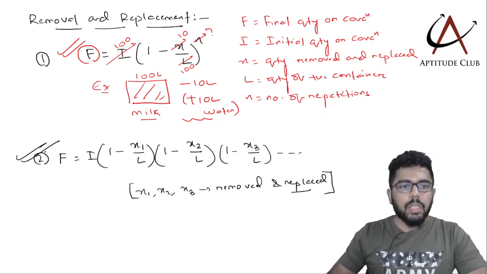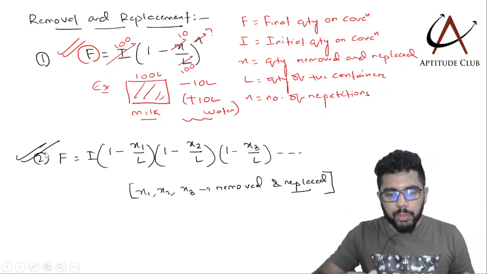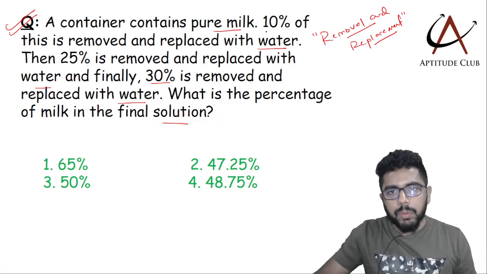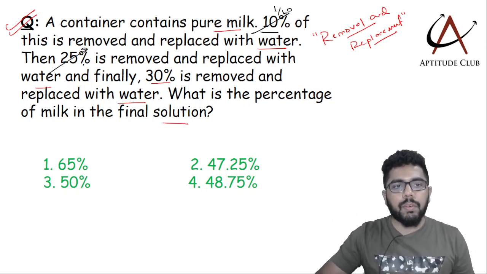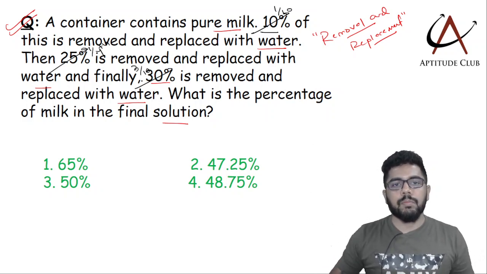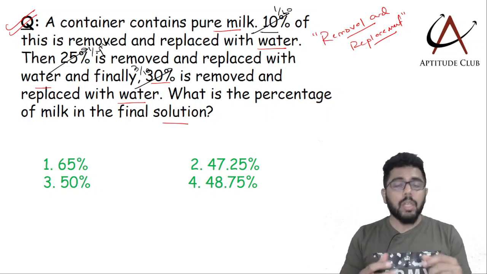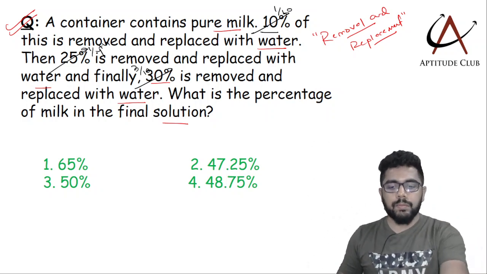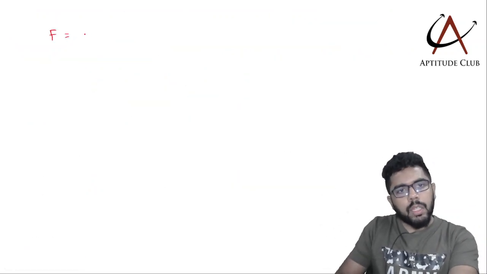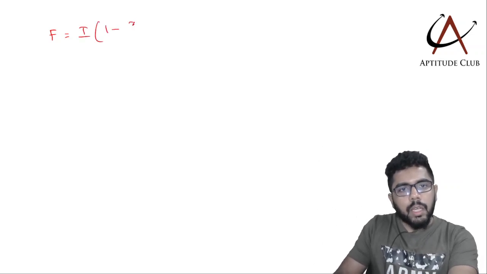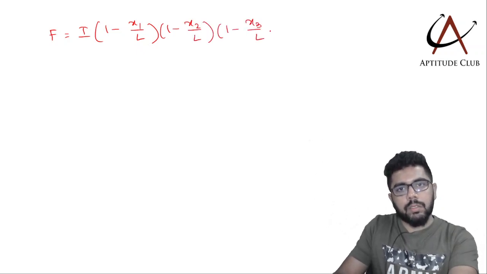This particular question will be using the second formula, because if you read the question again, first I am removing 10%, which means 1/10. Then I am removing 25%, which is 1/4, and then 30%. So I am removing and replacing different amounts in each repetition. I will clearly write this formula and then substitute. F is I whole into 1 minus x1 by L, 1 minus x2 by L, 1 minus x3 by L.